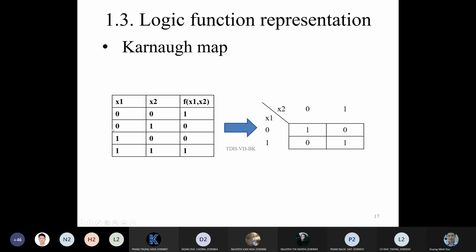Similarly here, x1 equals 0, x2 equal 1. x1 equals 0 must be in this row, and x2 equal 1 must be in this column. Then we get this one equal 0 here.